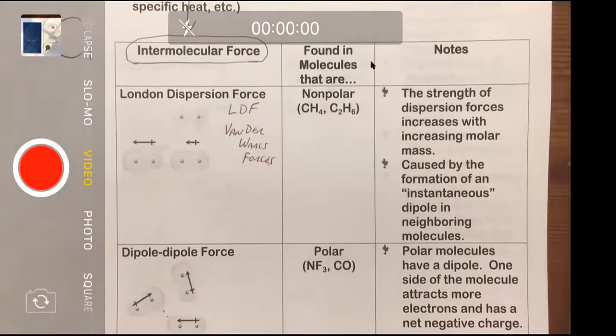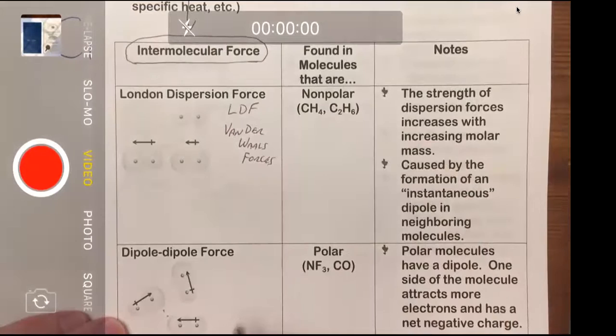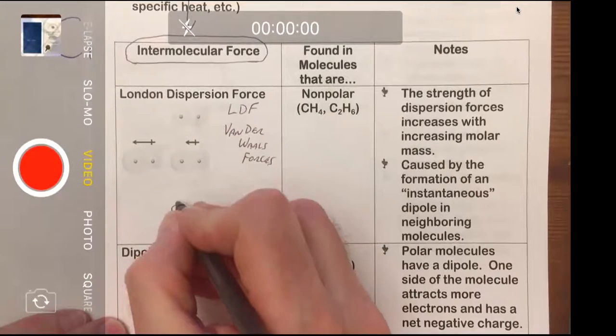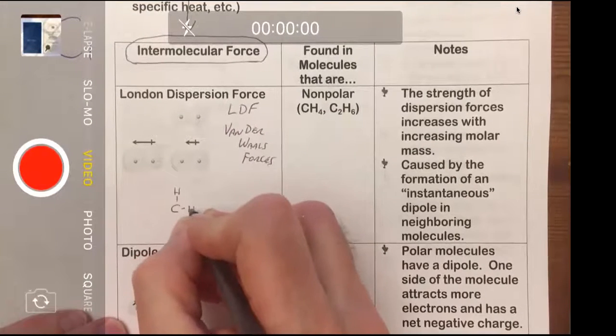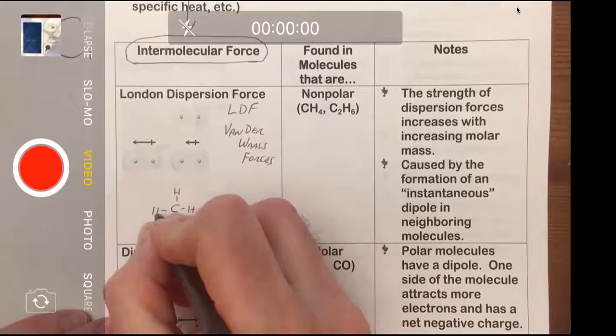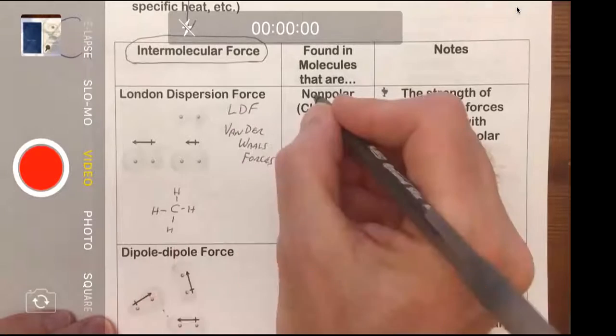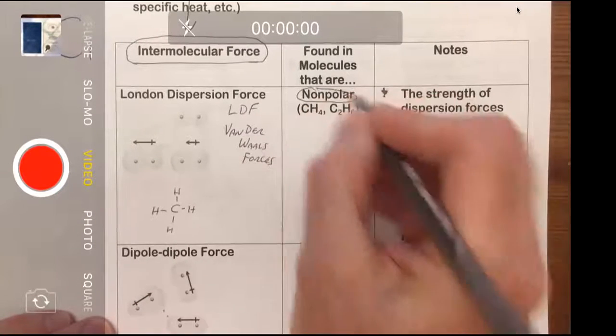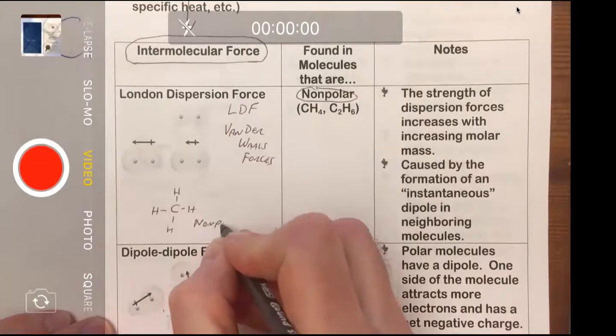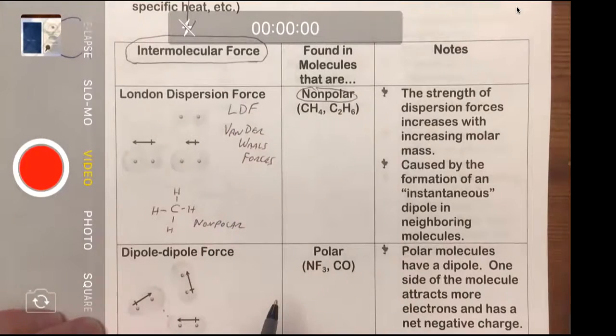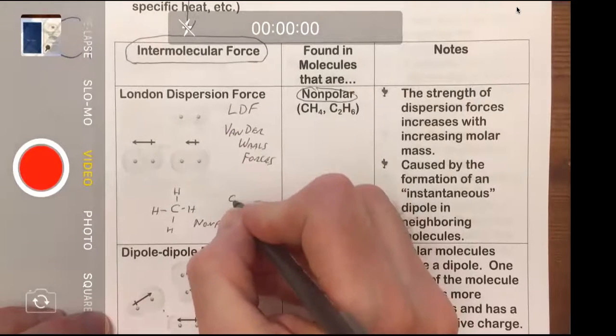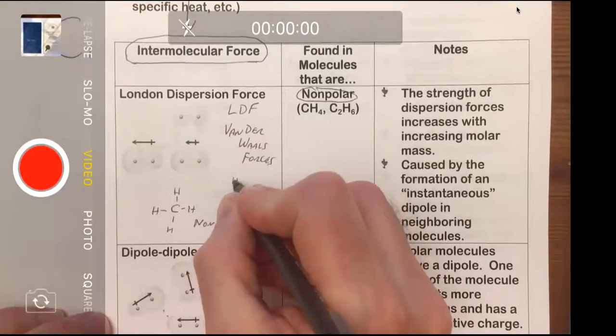But what those guys are, if you think about any particular molecule, we talked about CH4 already. CH4 is going to have this structure. The key is looking at this molecule and recognizing that it is nonpolar. So you think about a nonpolar molecule, all right? Here's another nonpolar molecule, CH4 over here.